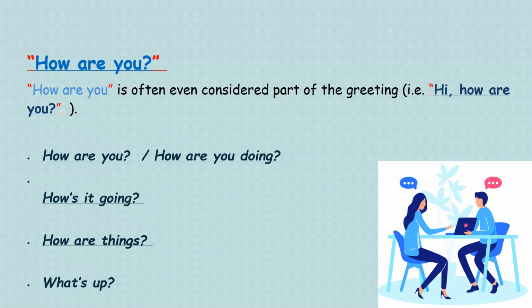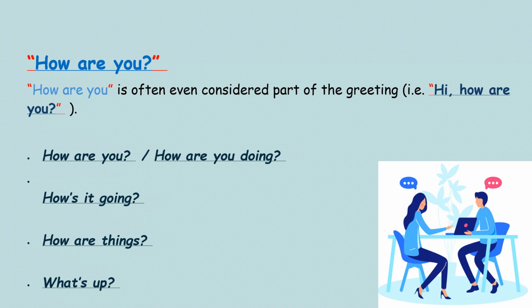There are several ways to ask someone how they are doing. You can use any of these phrases, and nothing is wrong. Everything is correct. In a neutral way, you can ask someone, how are you? How are you doing? You can ask anyone, even if you know this person well or don't know them, or someone new to you.